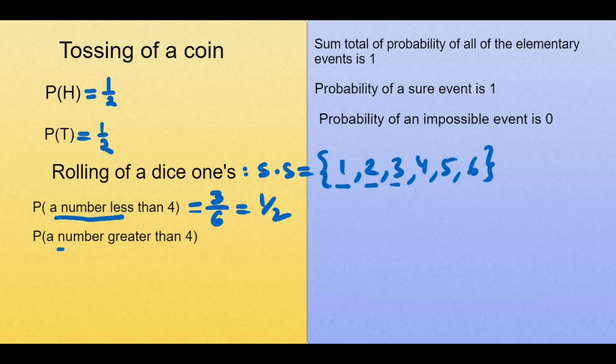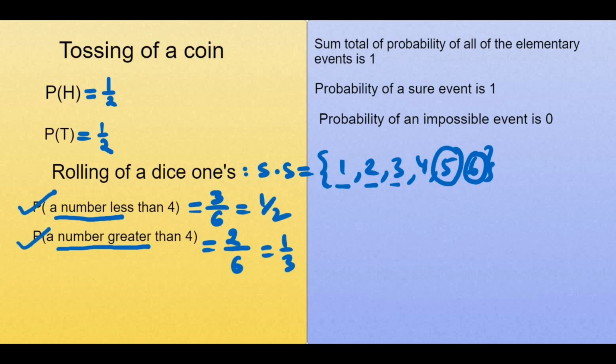And what is the probability that we get a number greater than 4? Numbers greater than 4 are 5 and 6. So the probability of getting a number greater than 4 will be 2 out of the 6 cases, that is 1 by 3.